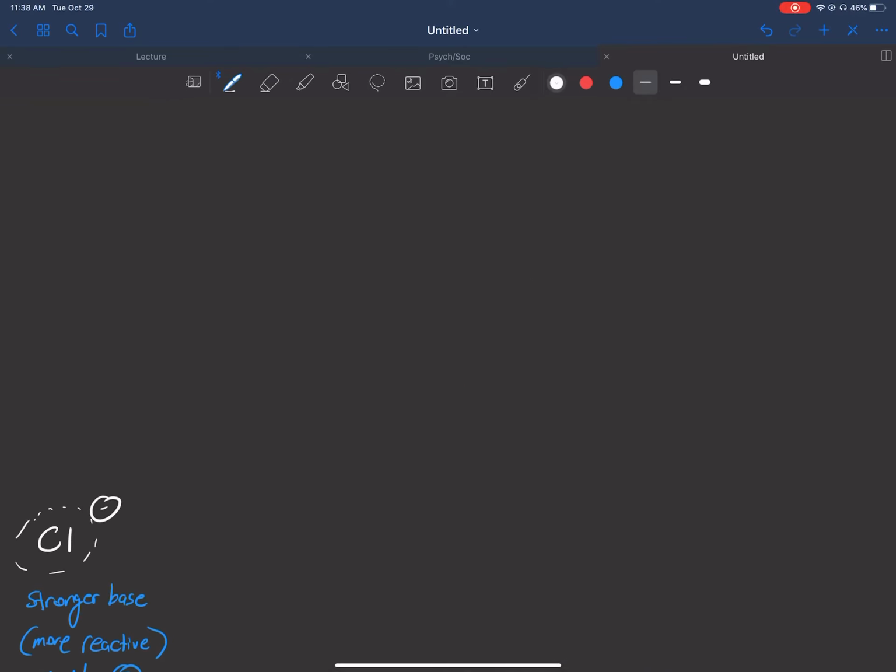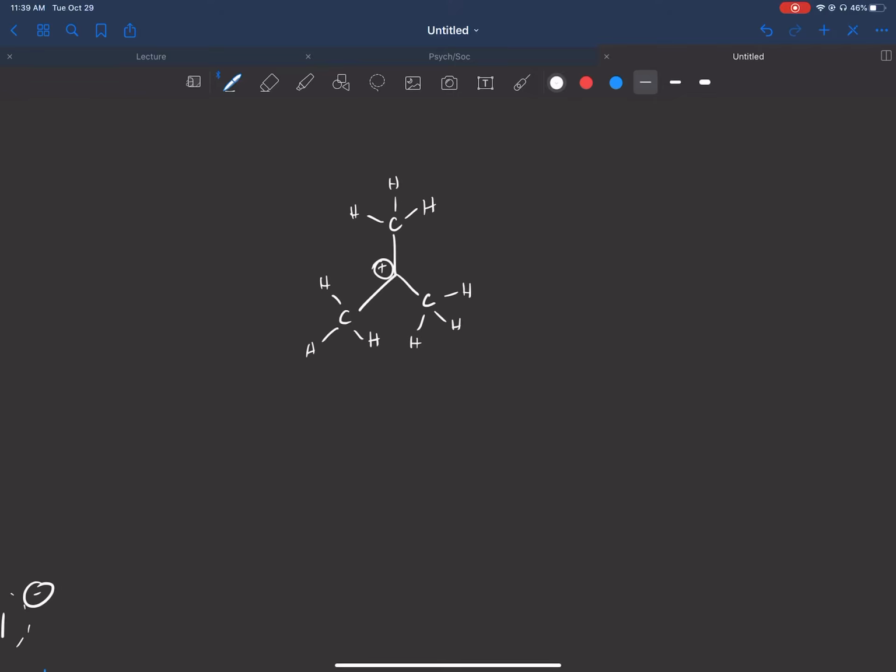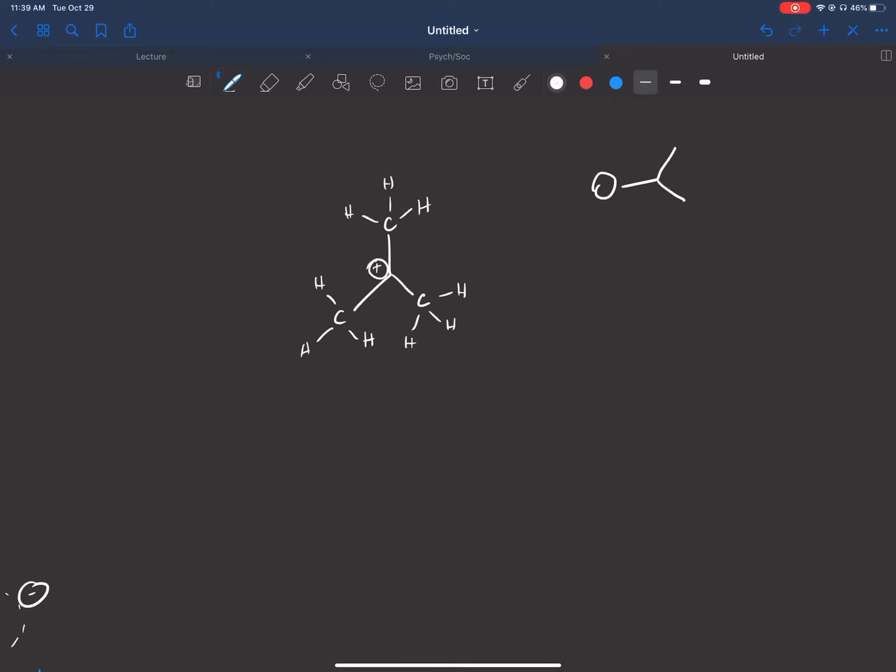And so I'm going to try to show it to you guys here. So imagine I had this carbocation. Each of these carbons is a methyl, right? So all these carbons have hydrogens coming out of them. Now we're reacting with our tert butoxide. O with down to carbon 3 methyls, right?